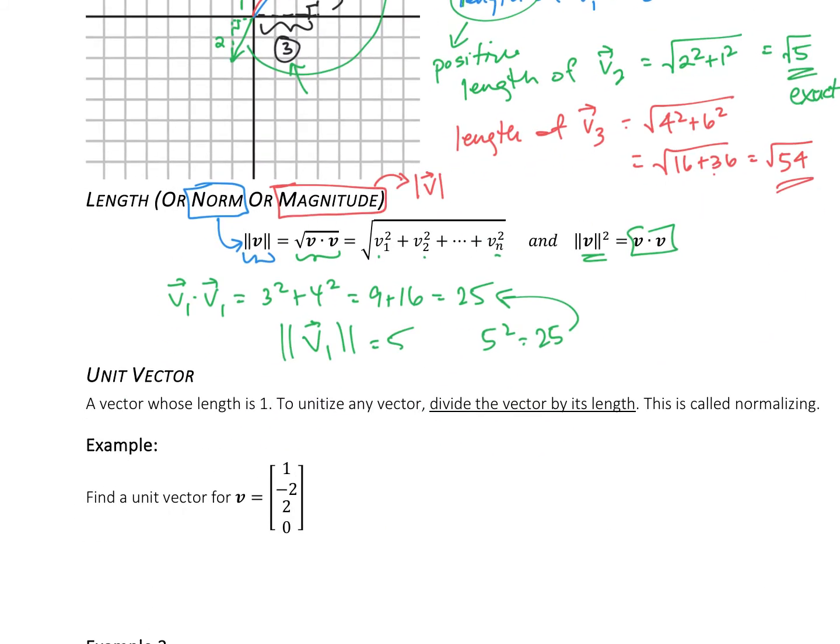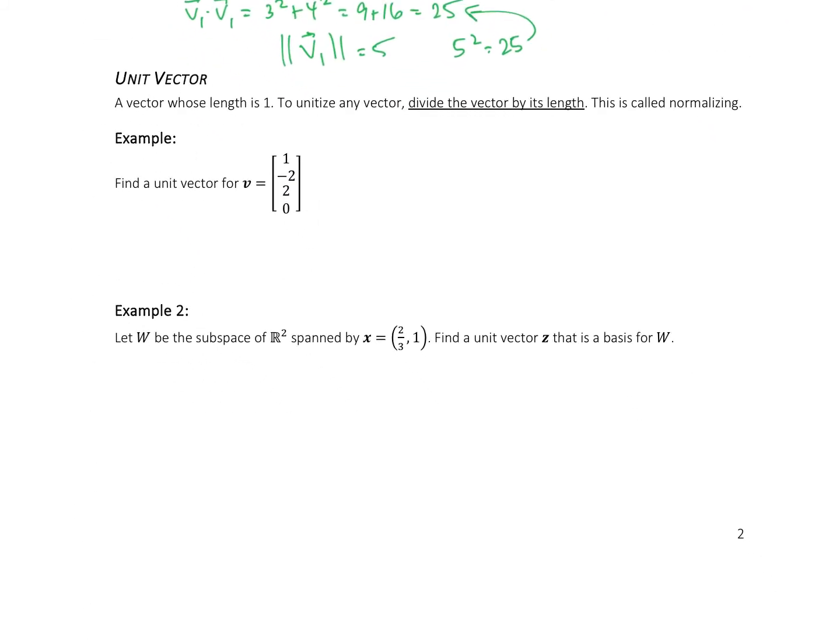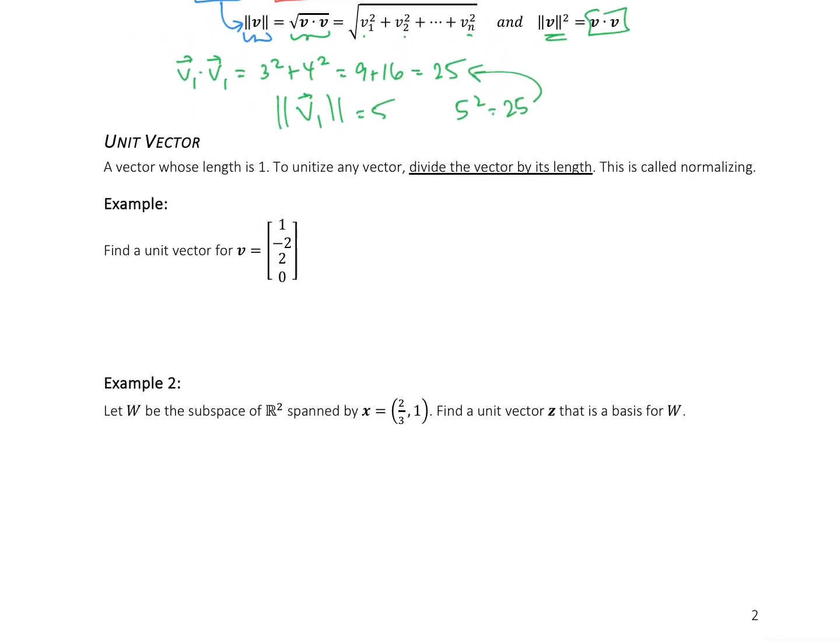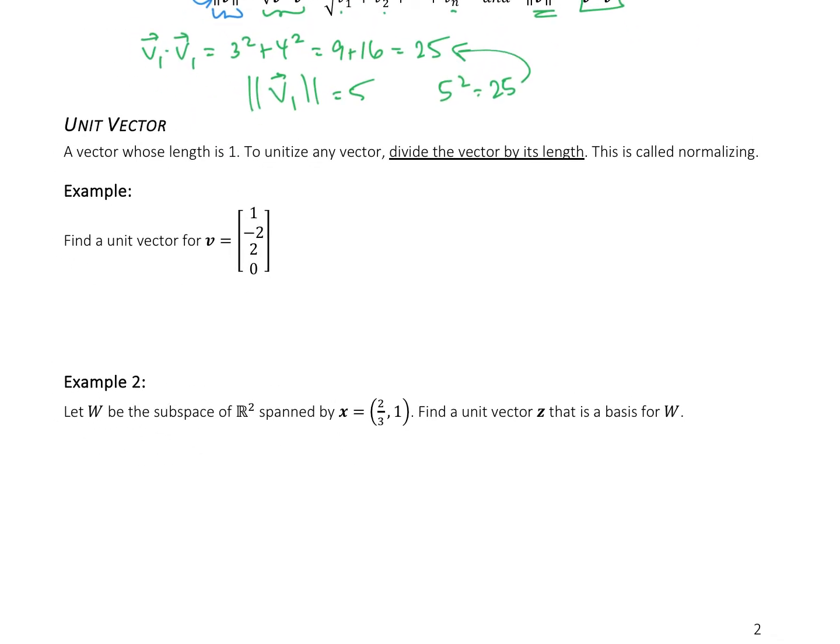All right, the last one we're going to define, and then we'll do some unitizing here, is a unit vector. A unit vector is a vector whose length is 1. To take any vector and make its length 1, all we need to do is divide by its length.